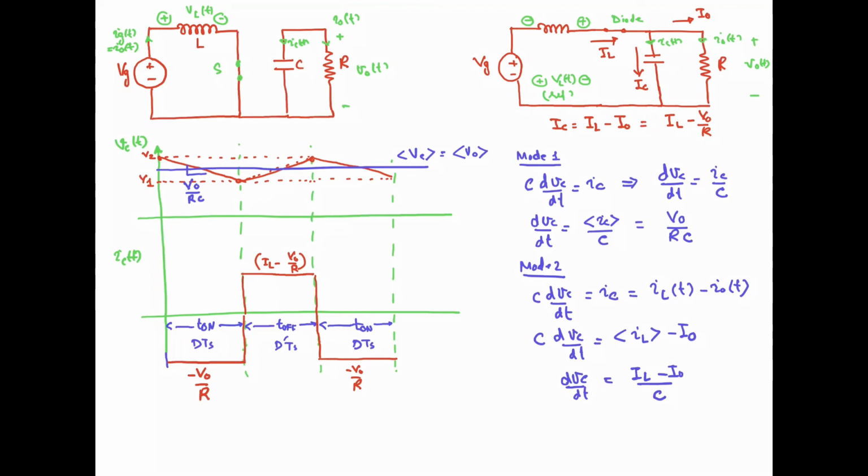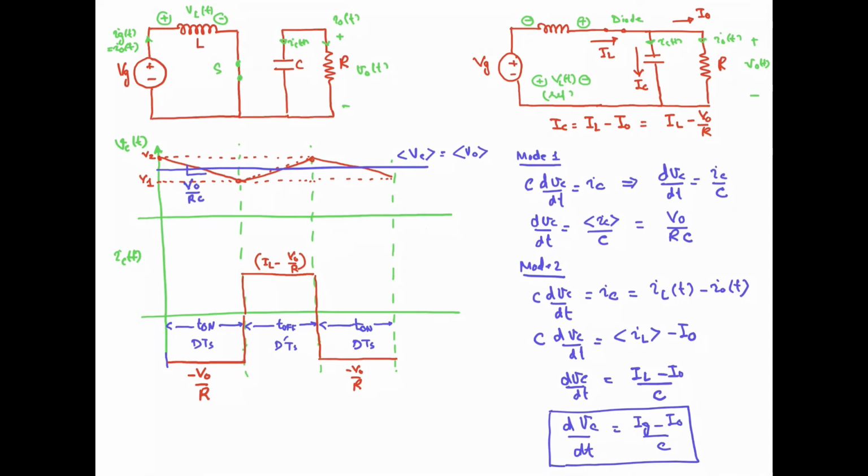Okay, now what about the inductor current and the source current? Inductor average current and the source current, they are same, as we have already seen. So we can write that dVc by dt can be written like this, that Ig minus I naught divided by the capacitance. So this is the slope of the capacitor voltage waveform in the second mode of operation.